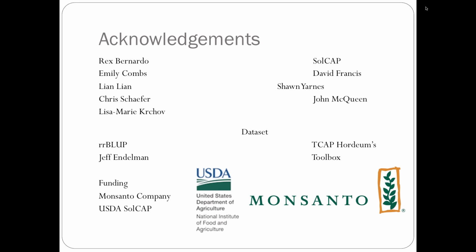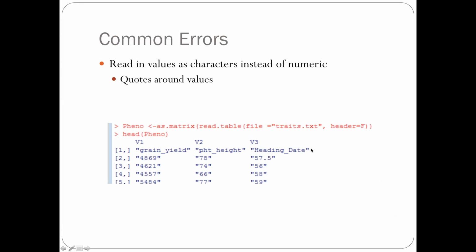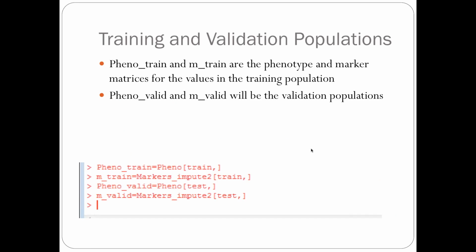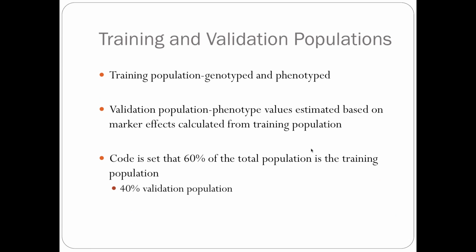And we also have a question asking you to clarify what you mean by a training population. Okay, let me go up a slide. What I mean by a training or validation population, what was the question again? It was about the training population. Training. Okay, so the training population is basically what you're training your model off of.